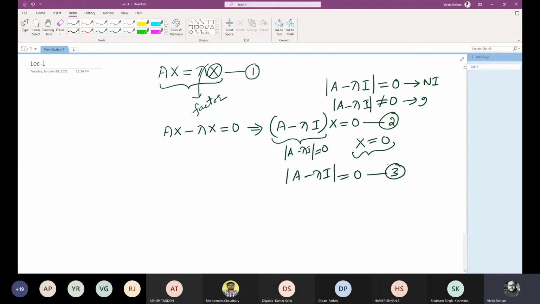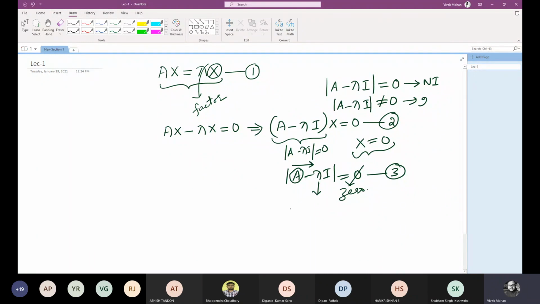Now, when you find lambda from equation 3, we get how much we shift the matrix A to make its determinant 0. What is the amount of shift?